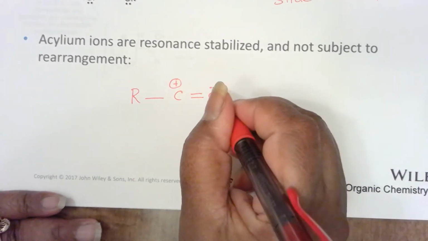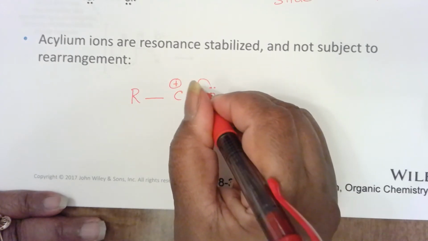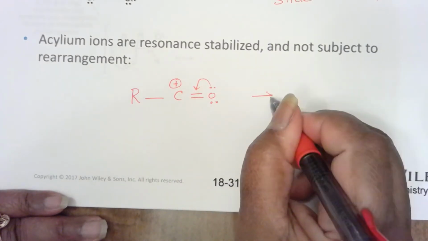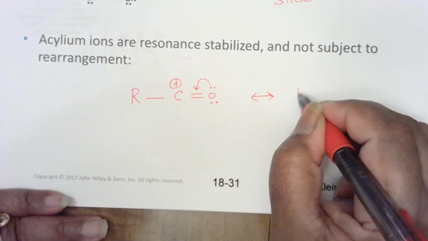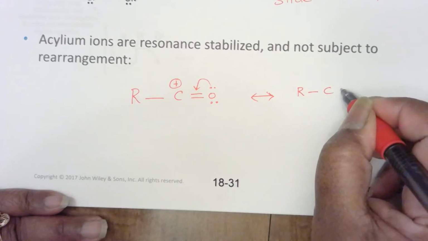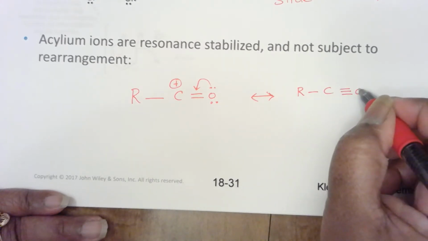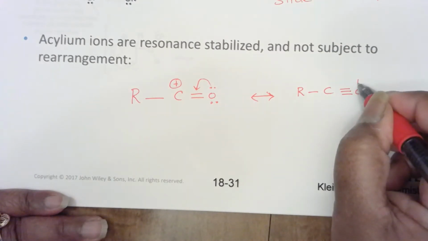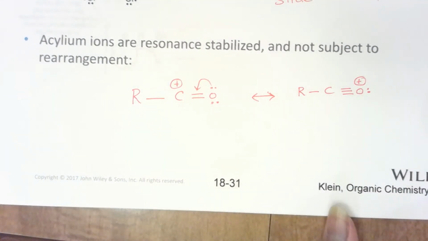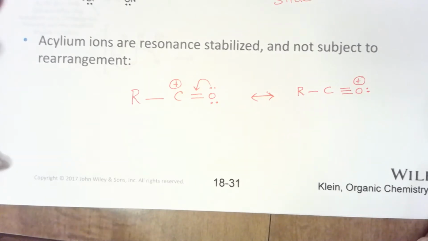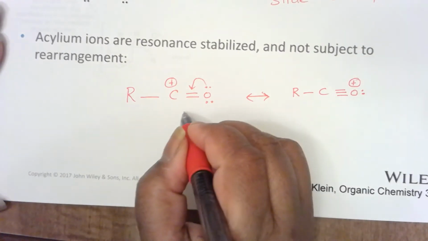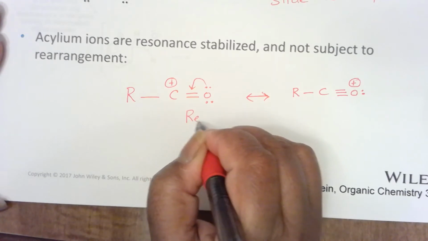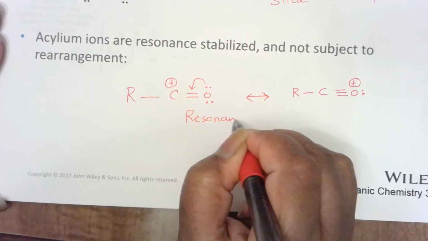Now, the lone pair from the oxygen can become a pi bond between the carbon and the oxygen. So the acylium ion is resonance stabilized.